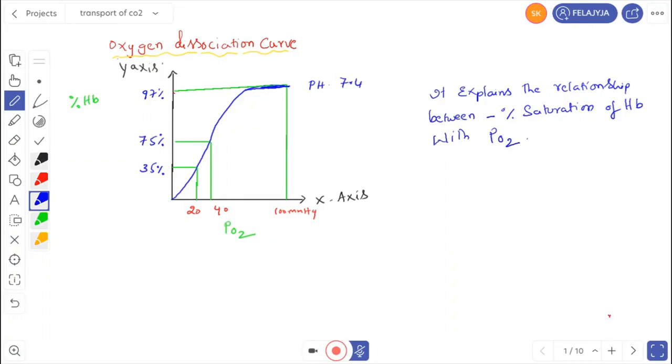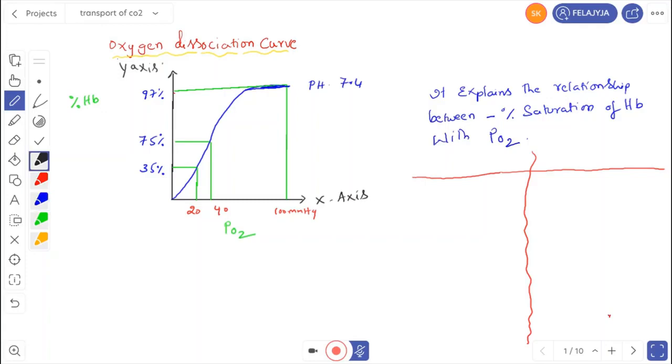So let us see where the formation of oxyhemoglobin occurs, and the dissociation of oxyhemoglobin. Let us see what are the conditions for formation and dissociation.